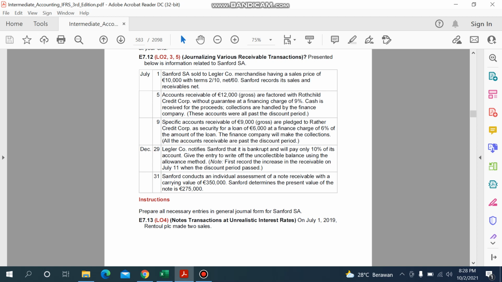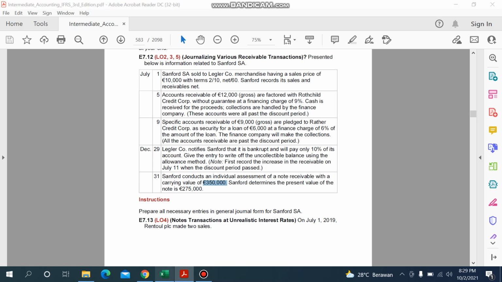So we need to lower our carrying amount of notes receivable, because in the recent situation it is only 275,000. In reality, we can only get this 275, not 350. So we need to make an adjustment.